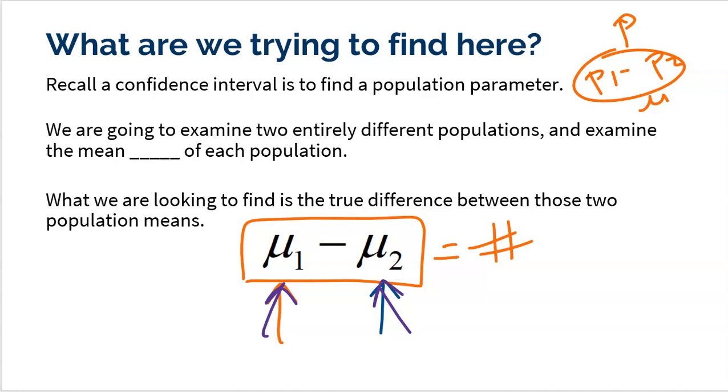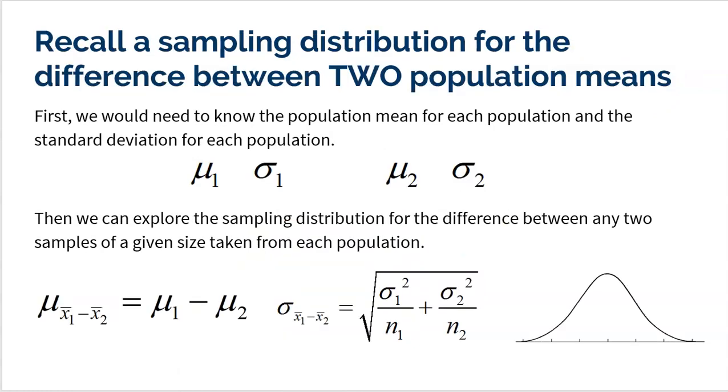you subtract them. So let's take a quick visit backwards in time to Unit 5 when we first started talking about sampling distributions. Now recall a sampling distribution is used to find the difference between two population means, right? That's kind of what we're doing.